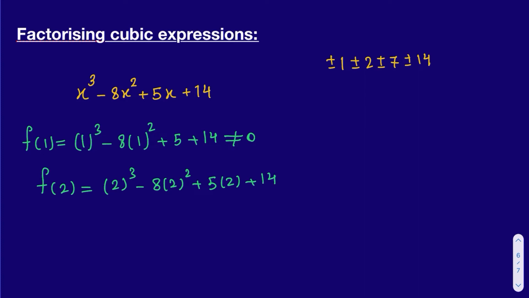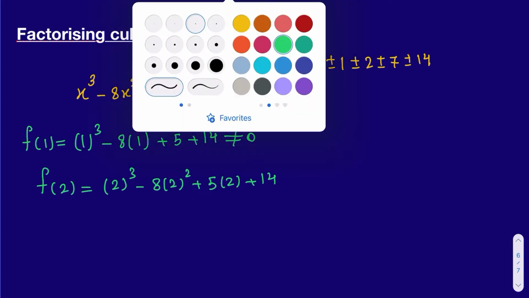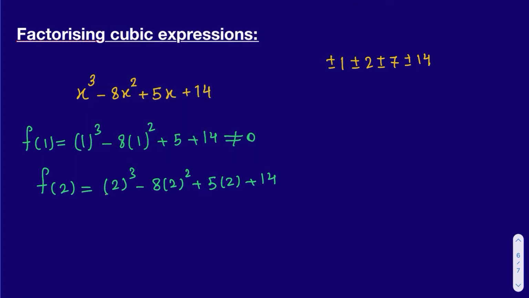Let's see if it is equal to 0 or not. This will be 8 minus 32 plus 10 plus 14. Yes, that's correct. That will set this equation equal to 0.